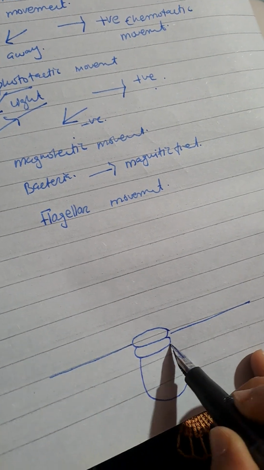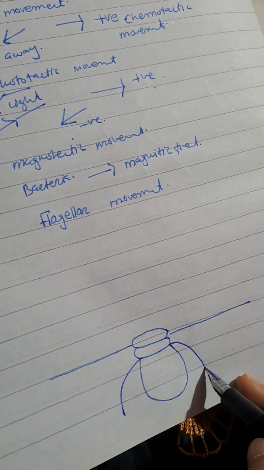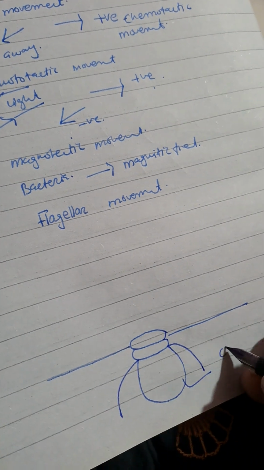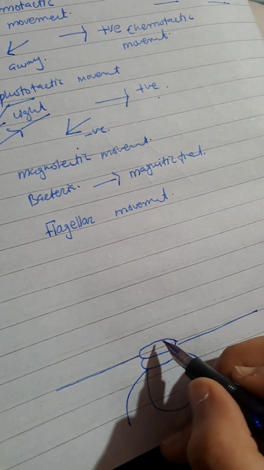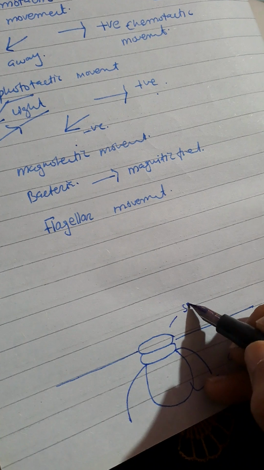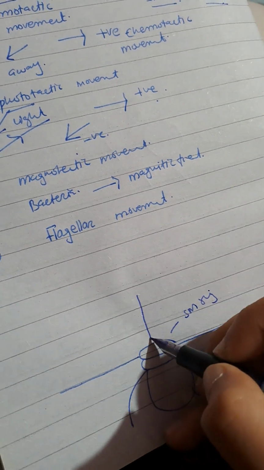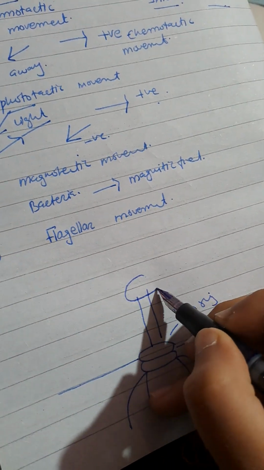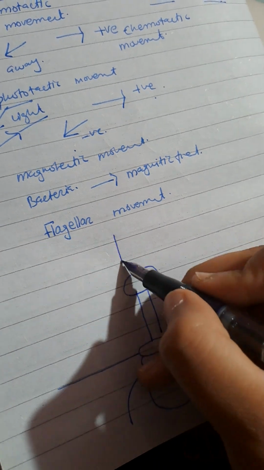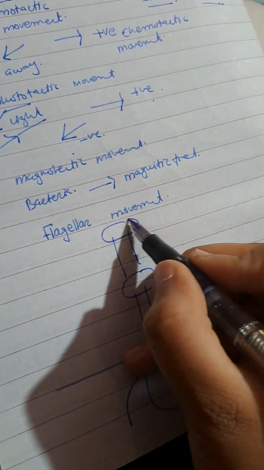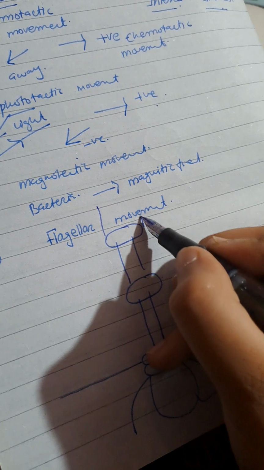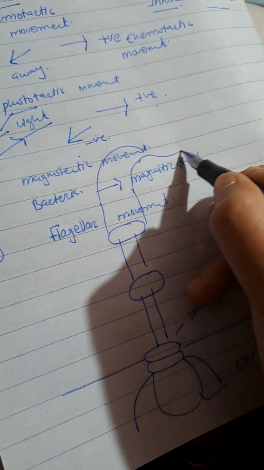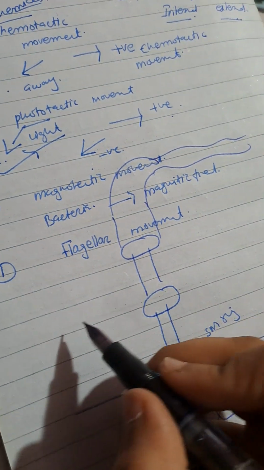Then we have the C ring, and this is the SM ring. This is a rod again. Then there is a ring, then there is another ring. This is the hook, and this is the flagella.